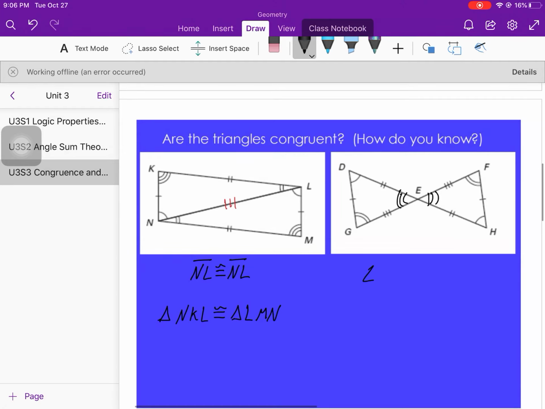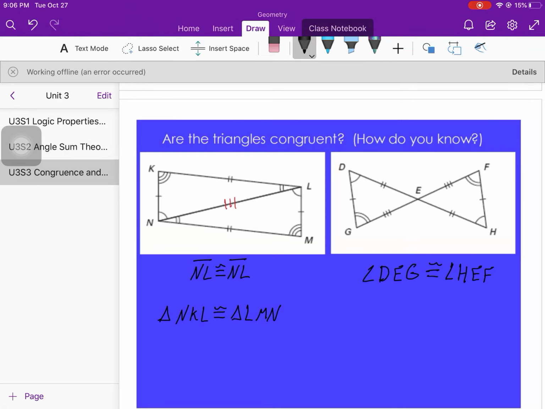Well, if you recognize that they're across from each other, they are vertical angles. So what we would say is angle DEG, which is this angle right here, is congruent to angle HEF, which is this angle right here.